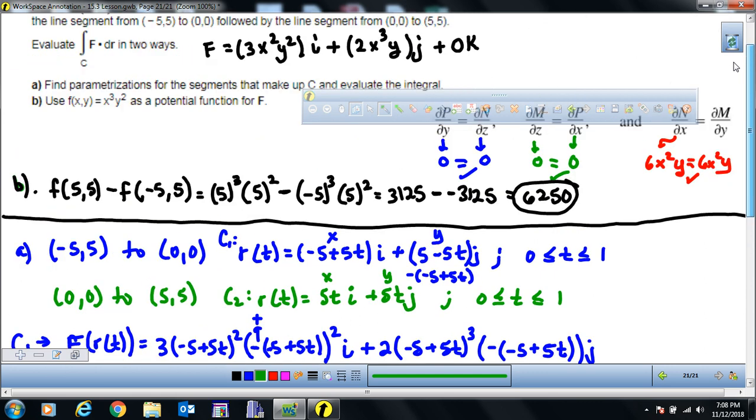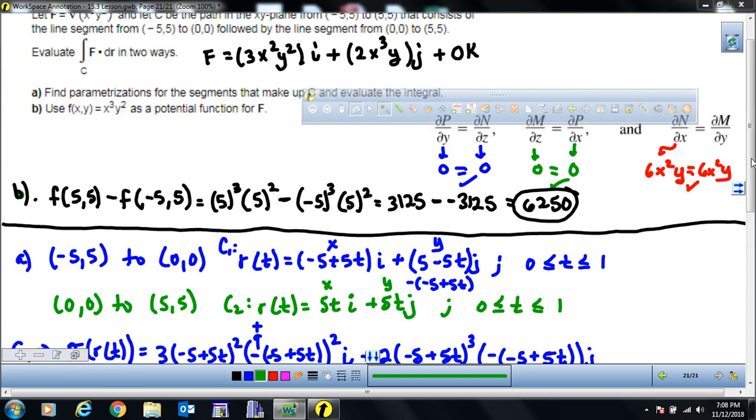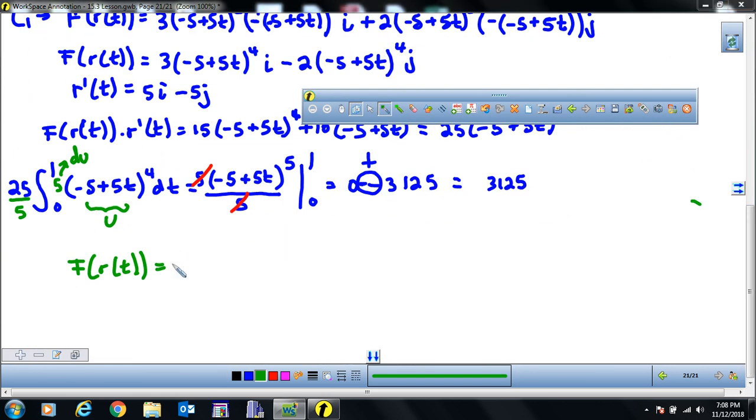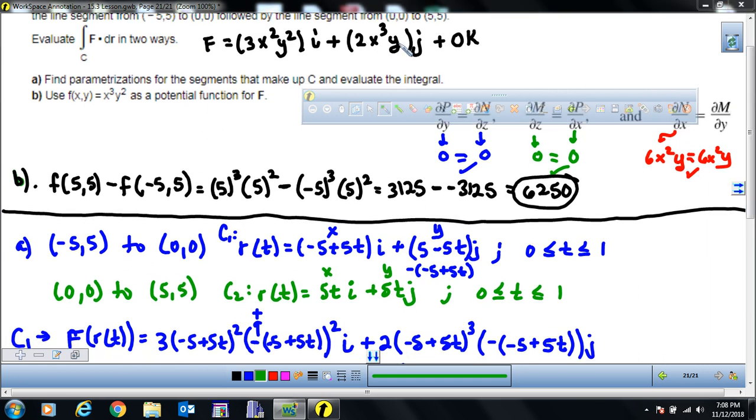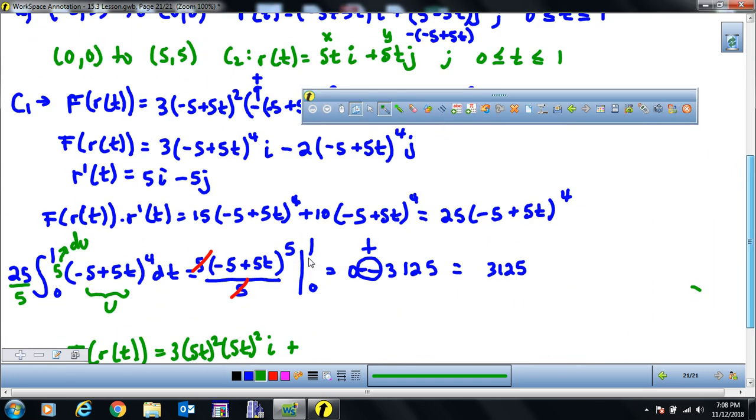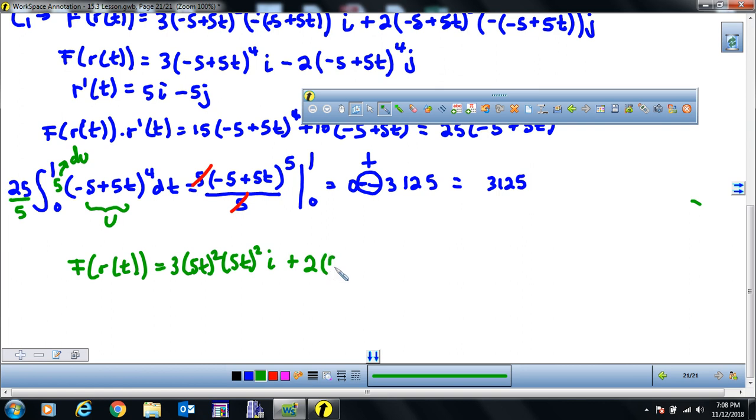So instead of 3x squared y squared, we're going to put 3 times x, which is 5t squared, times y, which is 5t squared, plus, and on the j would be 2x cubed y, but instead it would be 2 times 5t cubed times y, which is 5t, and that is j.